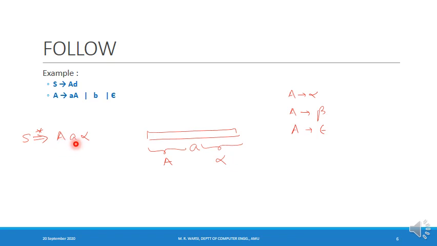Next input symbol will be the small a, and a small a is a symbol which is following capital A in this sentential form. So that means a small a is there in the follow of capital A. So that means I can expand capital A with the third production, replace it with epsilon, provided that the next input symbol is a symbol which is there in the follow of capital A. So that is how follow helps in taking the parsing decision.